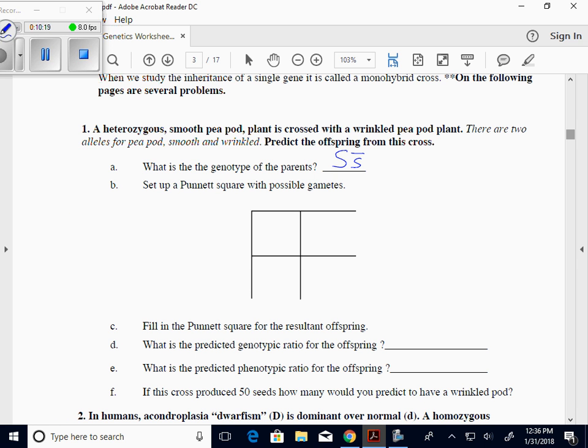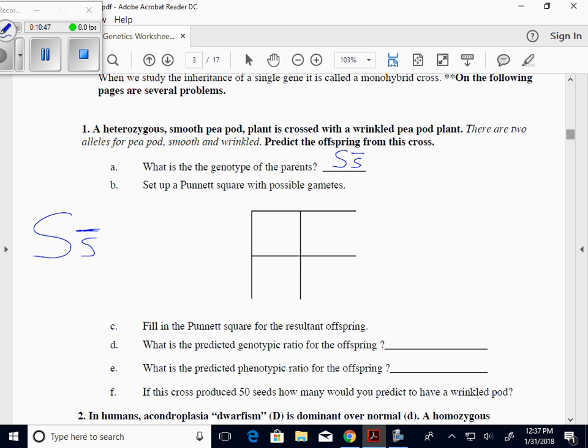S's look pretty similar. When I put this line above it, everybody can see that there is a lowercase s right there. So I have S, lowercase s, for one of the parents.